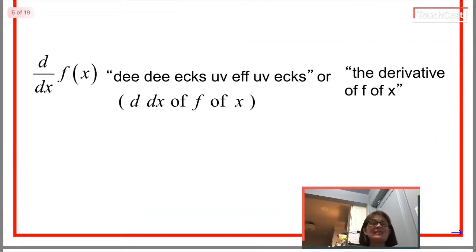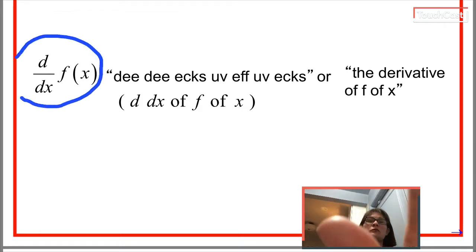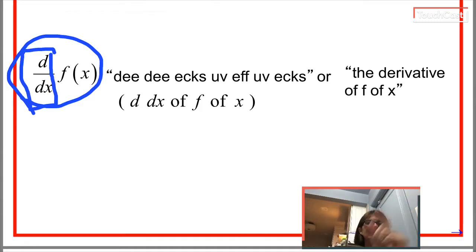Okay, this notation is a little bit different. It's a slightly different thing. So I want you to note this one in your notes paper. This notation, the d dx part, we saw dy dx, we saw df dx, but this has d dx.